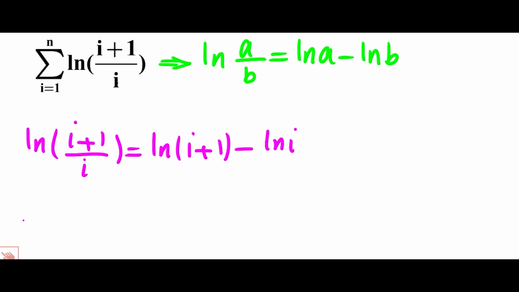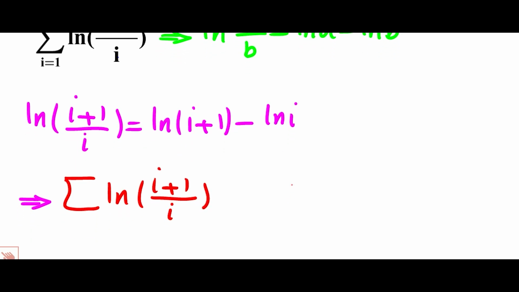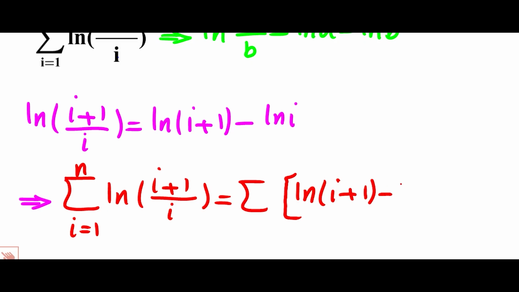So the sum equals the sum of ln of (i+1) minus ln of i, right?